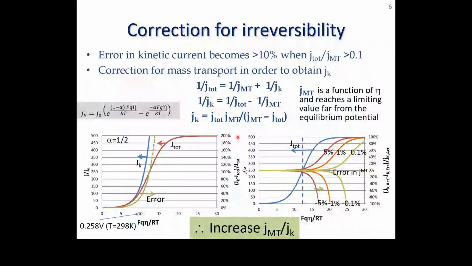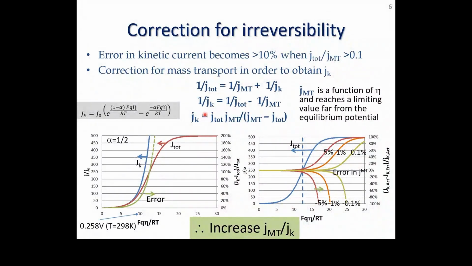So one potential way around this problem, or at least to ameliorate some of the issues associated with this, is to try and increase our mass transport limiting current, because that then pushes this correction to larger and larger current densities.